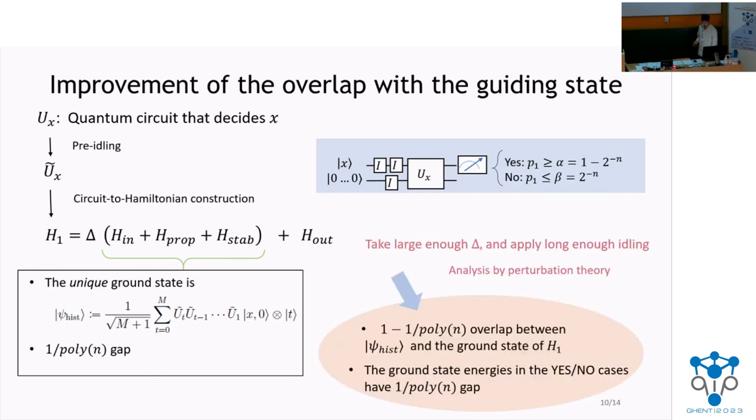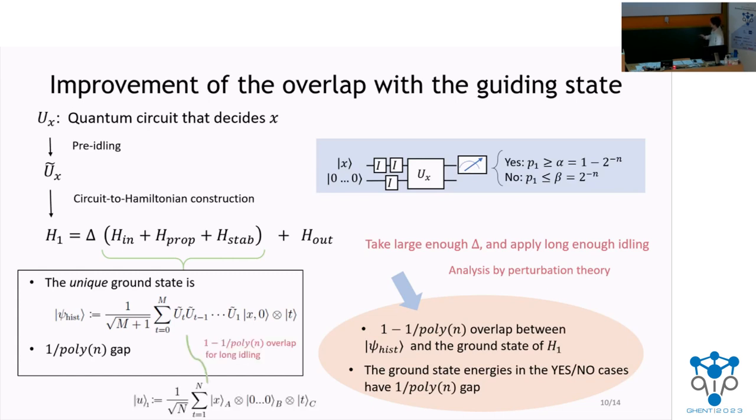Therefore, we can use perturbation theory to analyze the actual ground state and ground state energy of H1. And we can take a polynomially large enough delta and take a polynomially large period of pre-idling steps. So by taking such proper parameters, we can show that there is a 1 minus 1 over poly overlap between this history state and the ground space of H1.